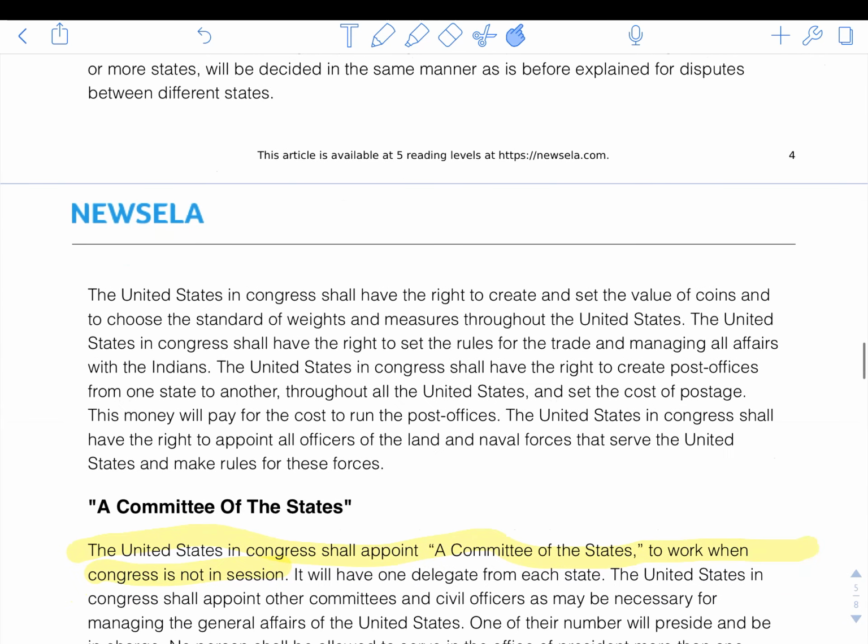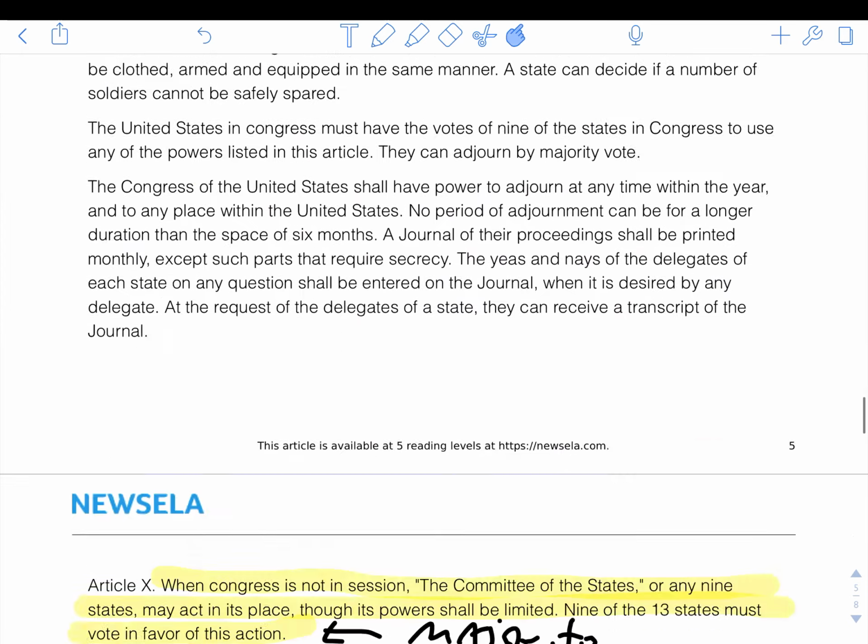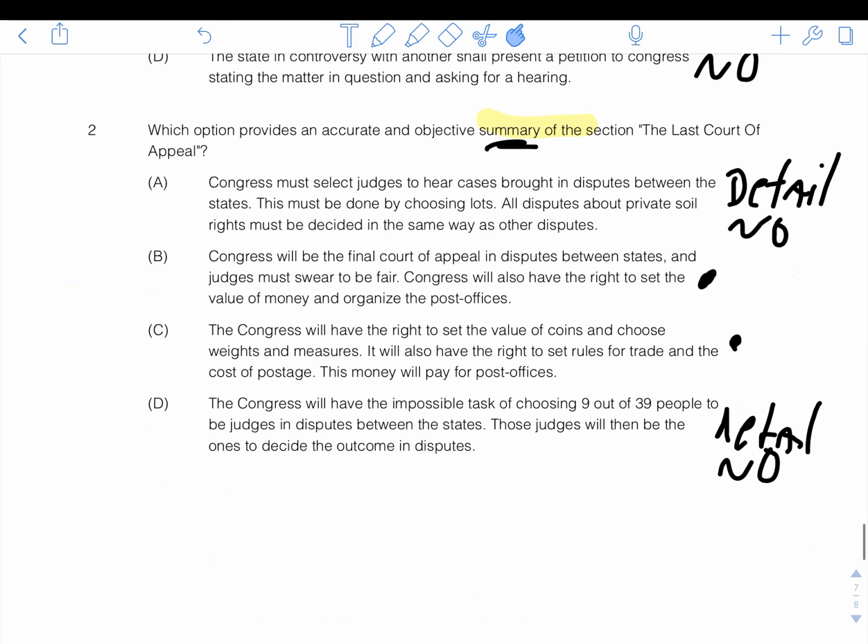The Congress shall have the right to set value of coins. So then we hear some more good detail here, and then we hear about trade, and then we hear about post offices.